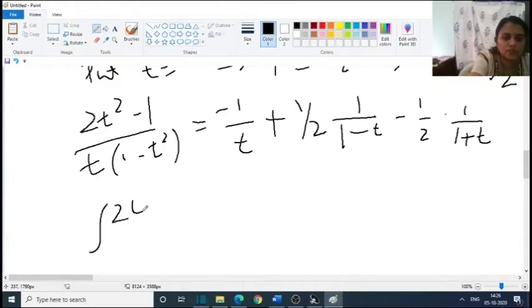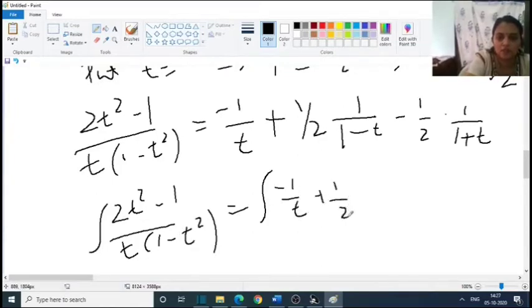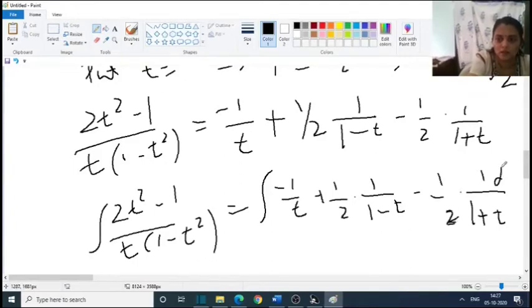Integral 2t square minus 1 by t into 1 minus t square is equal to integral of minus 1 by t plus 1 by 2 into 1 by 1 minus t minus 1 by 2 into 1 by 1 plus t, dt.